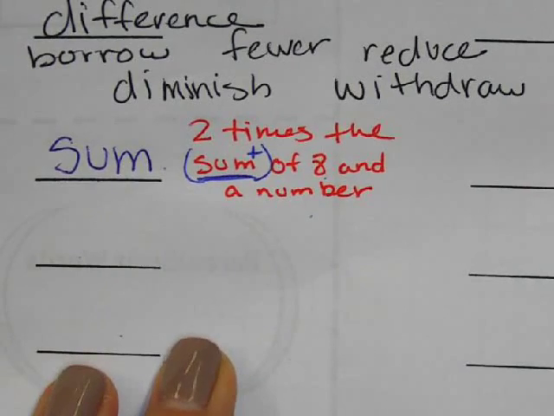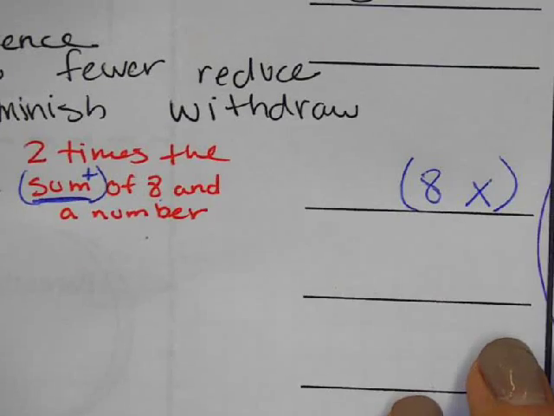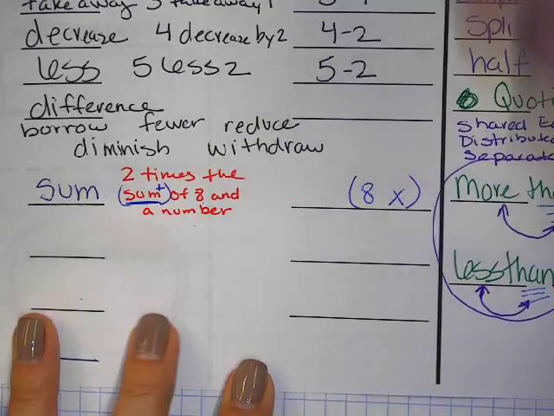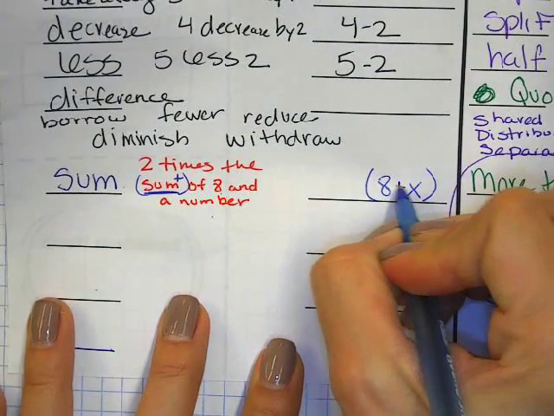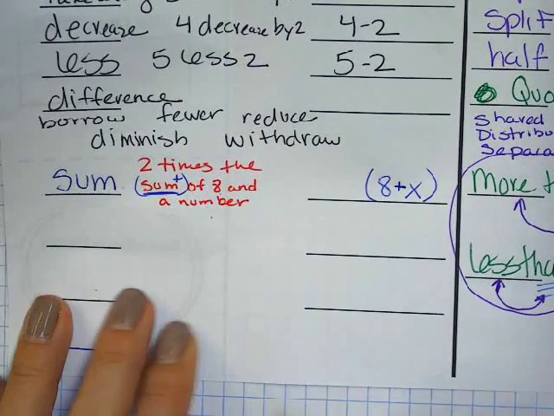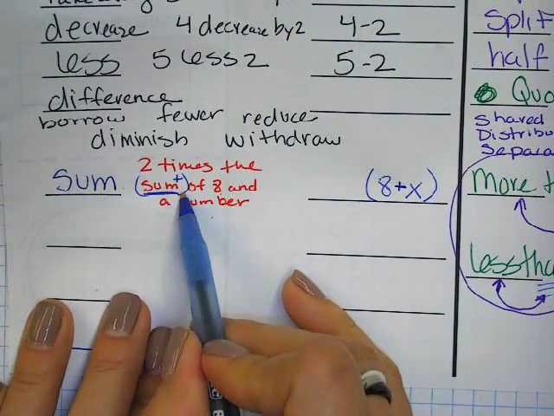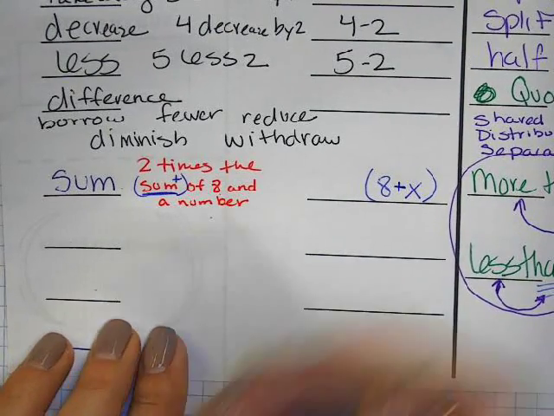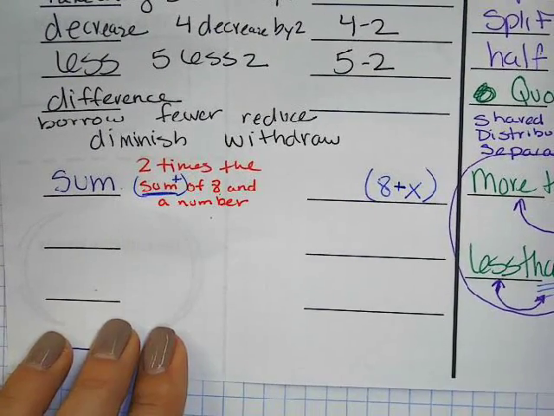What goes inside the parentheses? Oh, I'm sorry, you can't see it. The plus, right? Good job. So the sum of, think about the sum of 8 and a number. Now what else am I missing? The 2. 2 times, right?